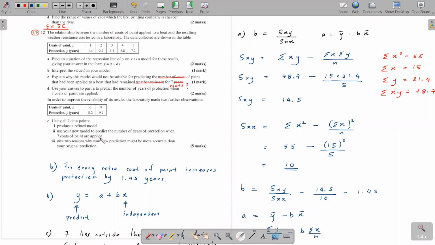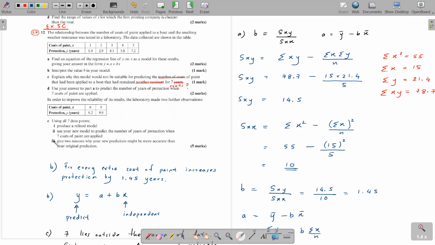But now, in part E, you included 2 new data points, and when you include these 2 new data points in the original data set, the value 7 is not extrapolation. It's inside the data set. Are you all with me? So now it's inside the data range. The original prediction was extrapolated, so that's one reason why the answer we got in part E is more accurate.